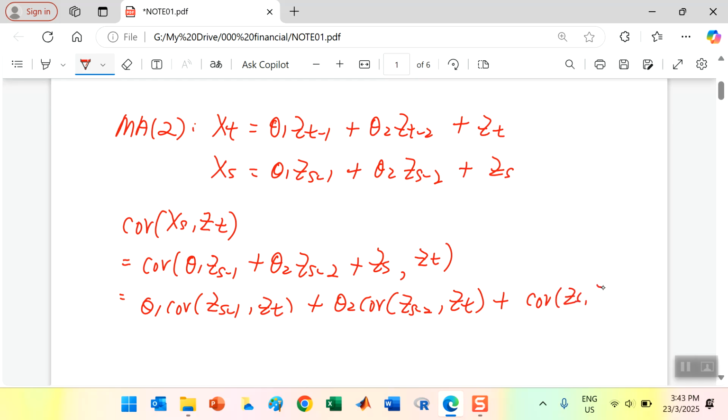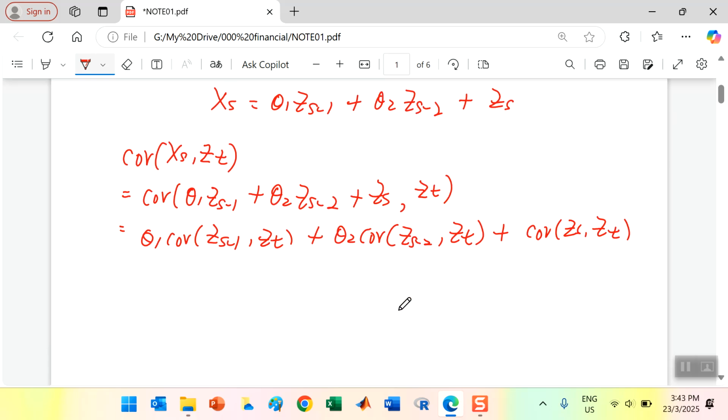So these are the three linear components. If S is less than T, then these will not have the same Z lags, so most of the terms will become 0 plus 0 plus 0. So overall it is 0 if S is behind T.